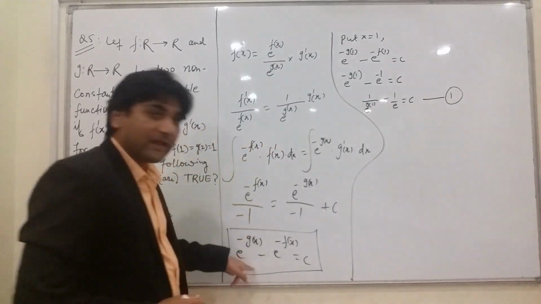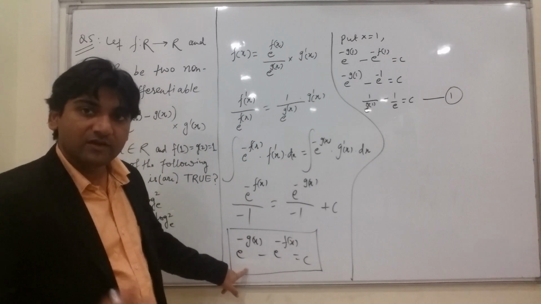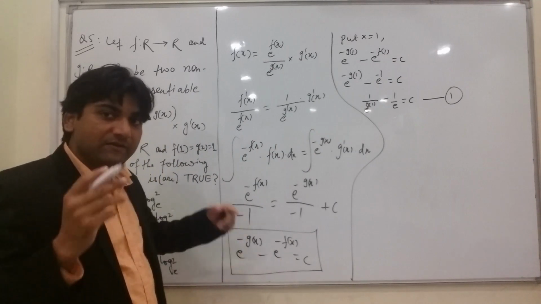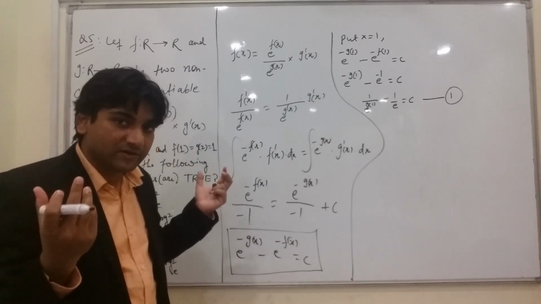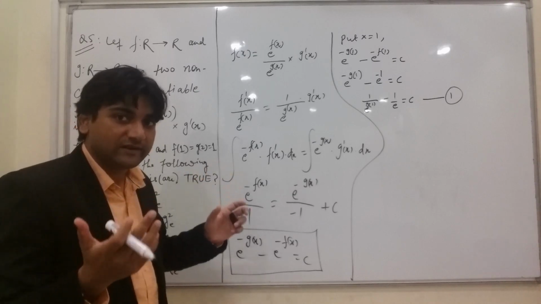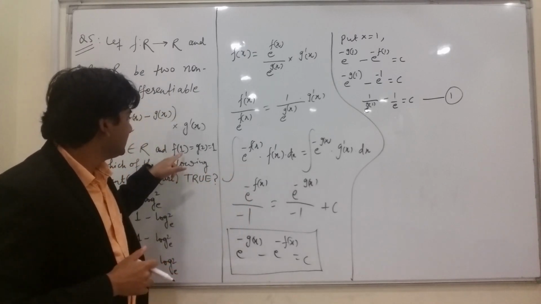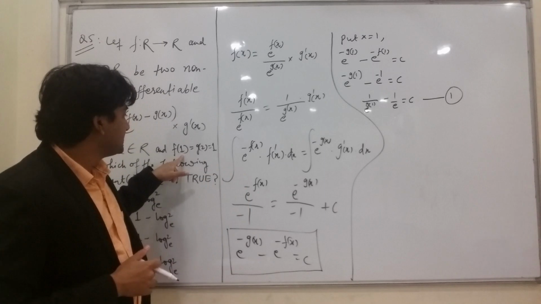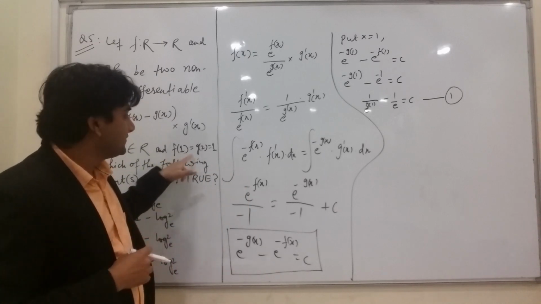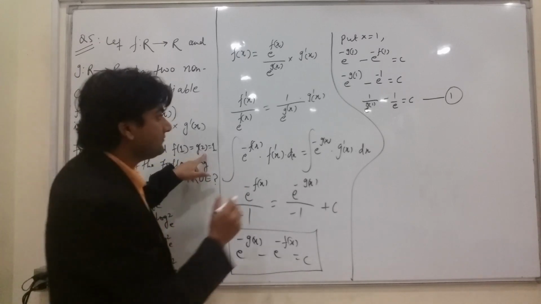Now again, in this equation, put x equals 2. By the way, how did you get this idea, whether we have to put x equals 1 or x equals 2? Because of this information. We have already put x equals 1, now we have to put x equals 2.